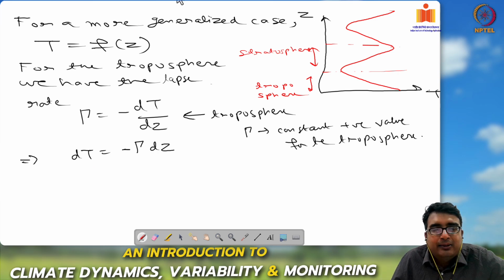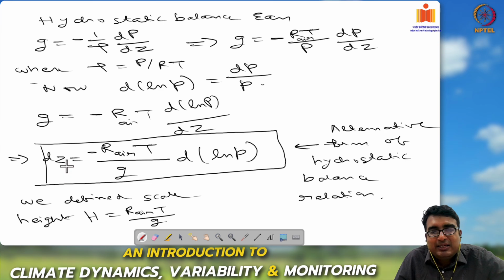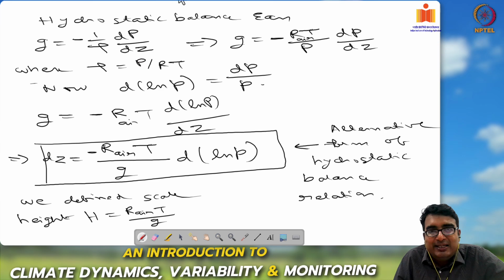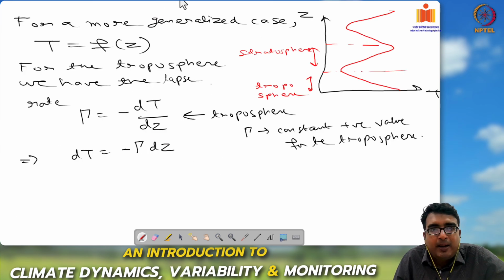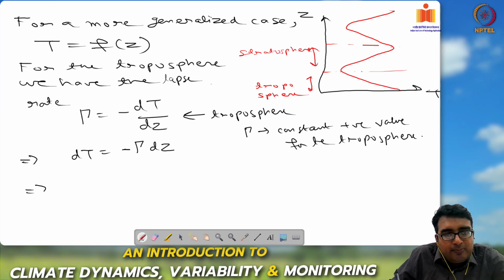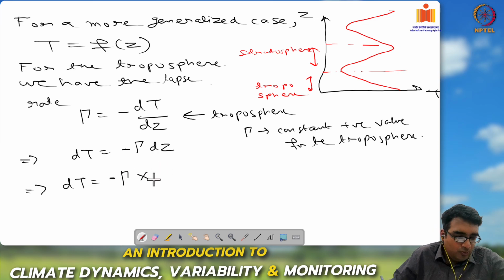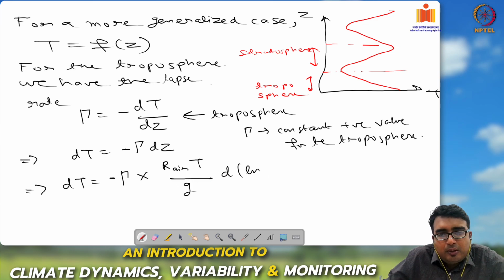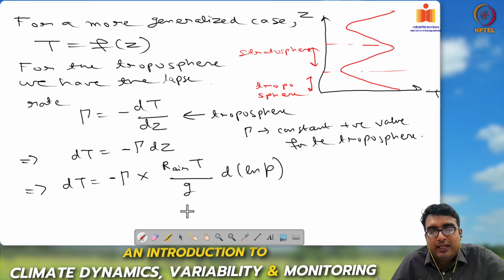Now, if you go back, we have expressed dz in this type of formulation, so we can replace dz in this expression. So dT equals minus gamma into R air into T by g into d of log P, where P is the pressure of the atmosphere.